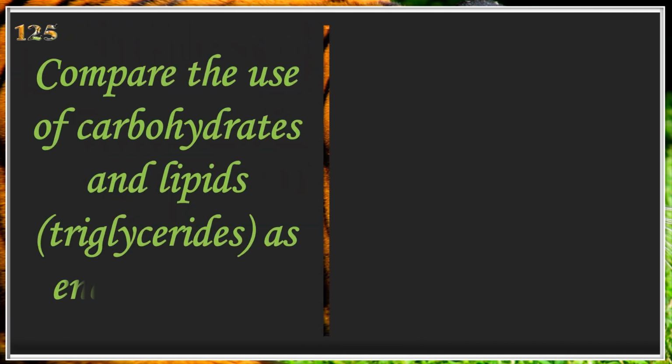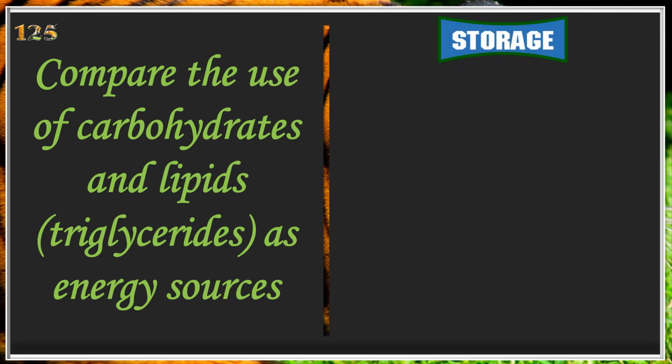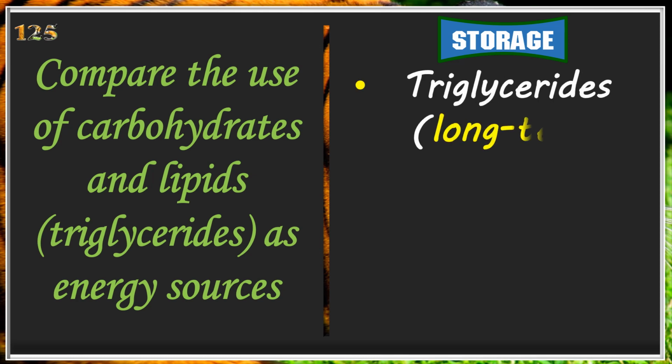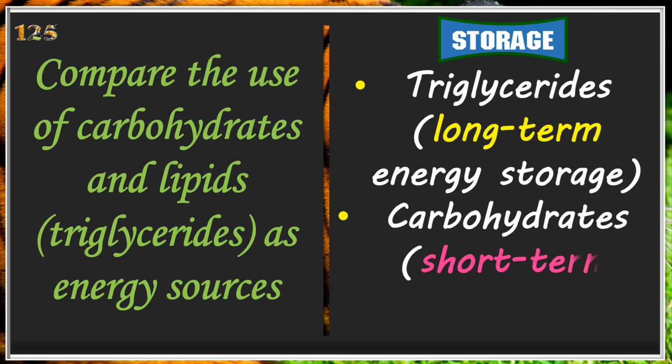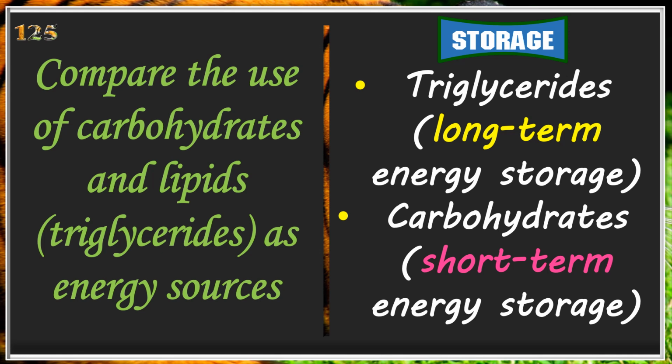Compare the use of carbohydrates and lipids, those are the triglyceride, as energy sources. 1, that is storage. Triglycerides are long-term energy storage, whereas carbohydrates are short-term energy storage.